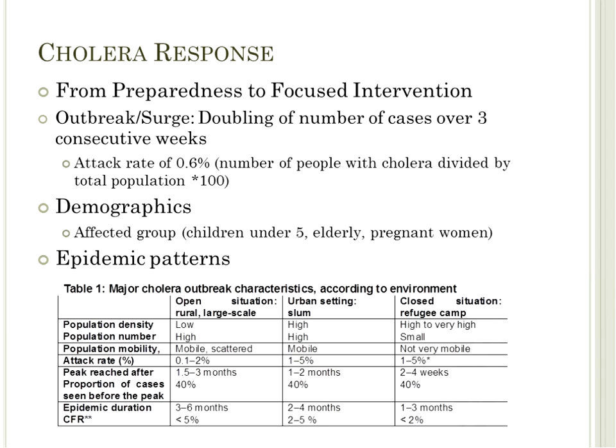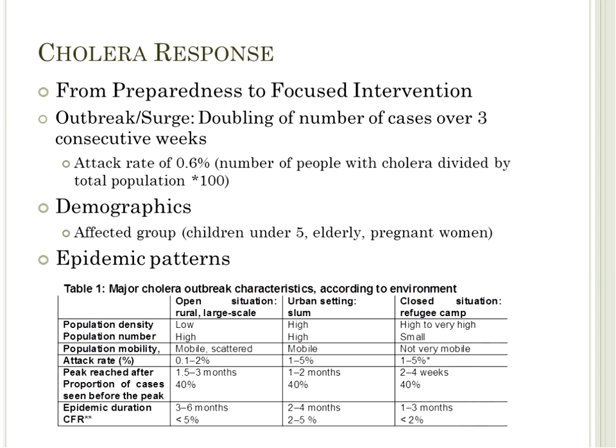And so in the preparedness stage, the focus is really on when the surge takes place, meaning a doubling of the number of cases over 3 consecutive weeks, and an attack rate of 0.6%. The attack rate is basically the number of people with cholera divided by the total population times 100. As you're designing your focused intervention, you want to think about demographics, who's affected by cholera.